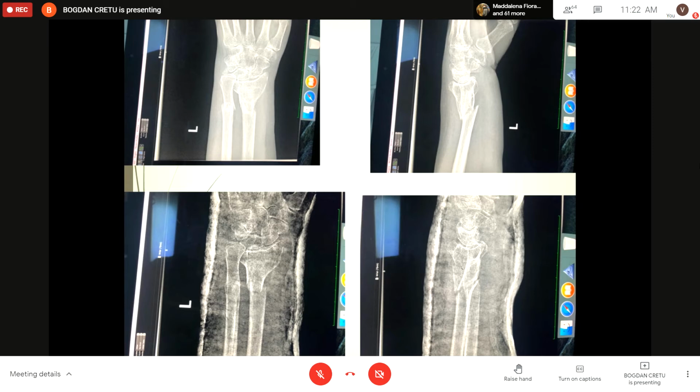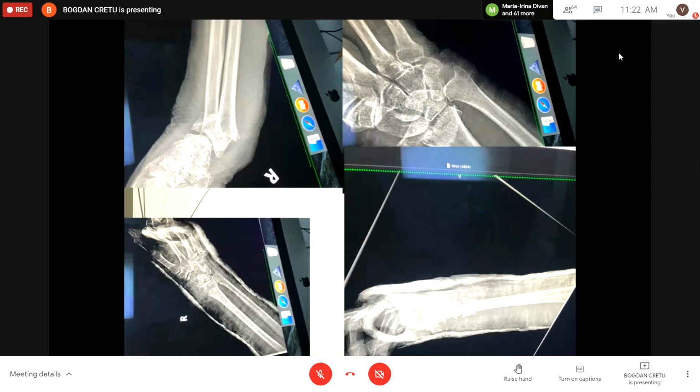He tried to reduce it and then immobilized the forearm in a cast. Yeah, that's right. But you can see that the images post reduction are not quite good. Are you satisfied with the reduction?